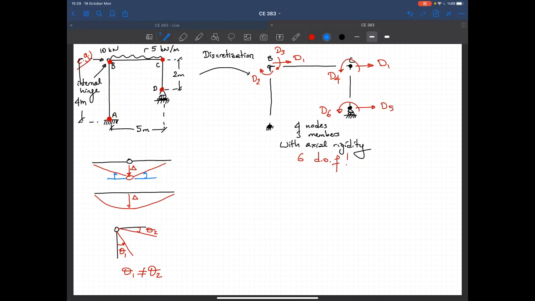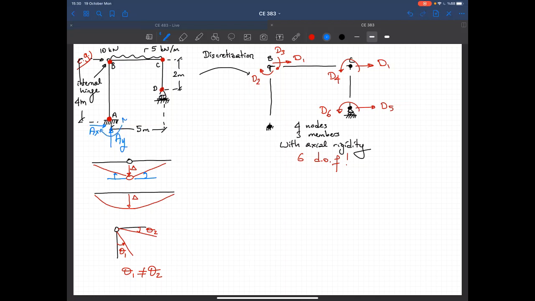Okay, now let's determine the support reactions, and from the support reactions let's calculate the free body diagram and the internal force diagrams. So here let's show the support reactions. I got AY, AX. Now this is a fixed support, so I should have a moment. Sorry for this bad drawing.